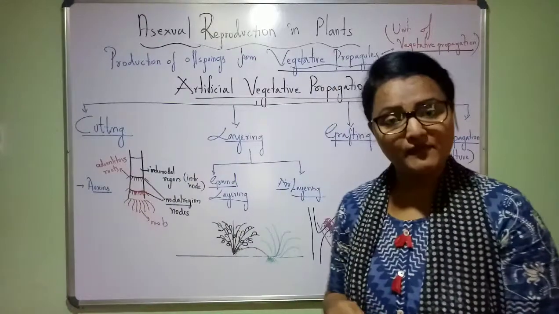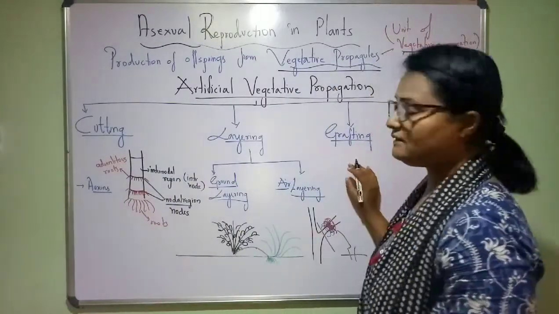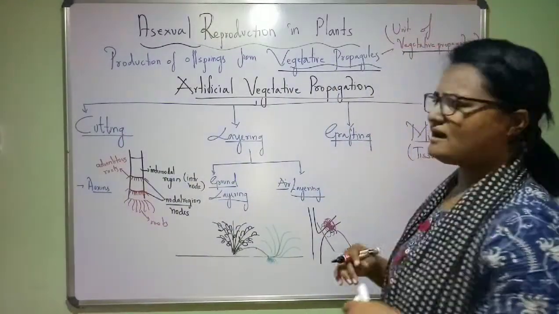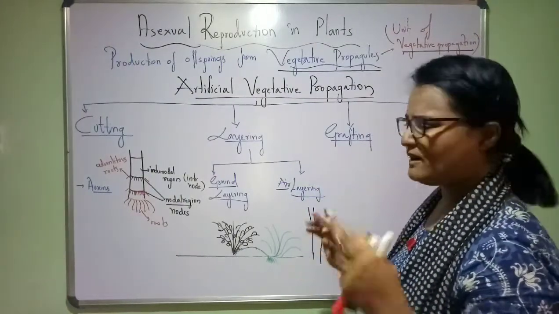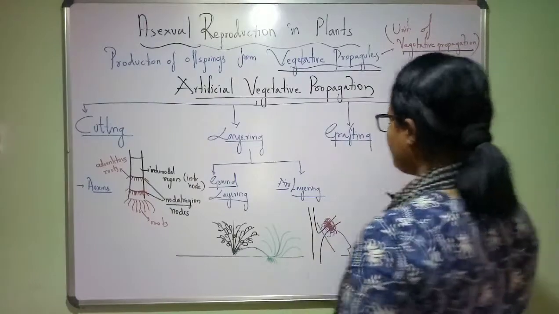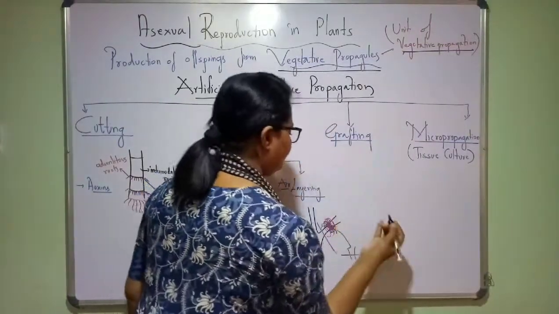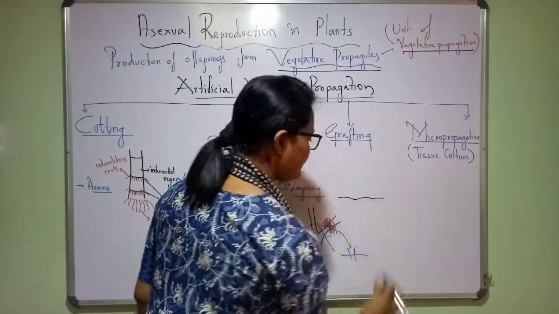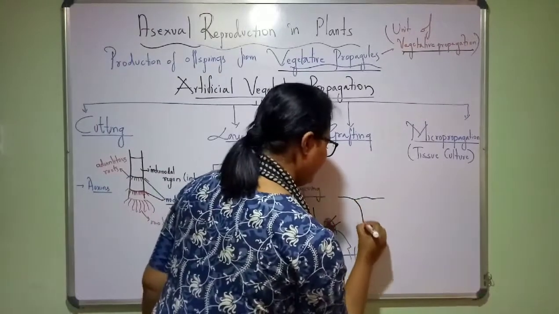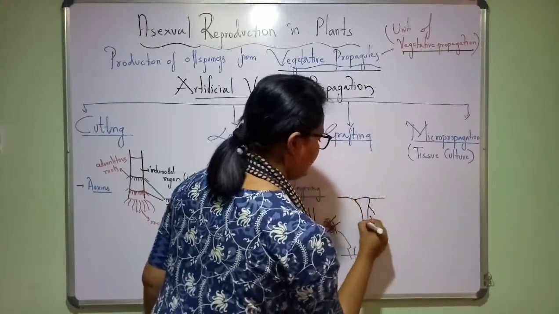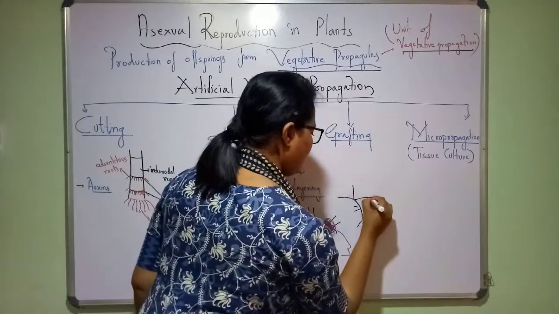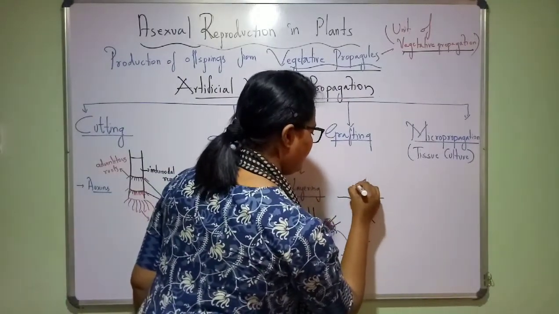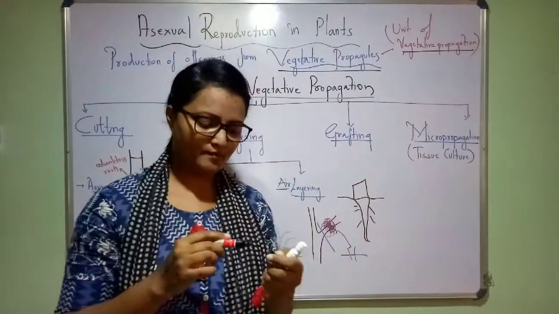And the third one is called grafting. There are many types of grafting, and I'll explain only one. Usually this is the ground level, these are our low roots, and this is the stem portion.